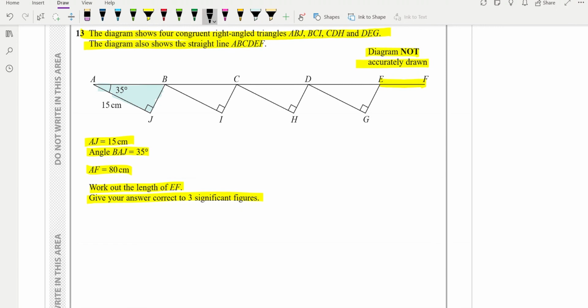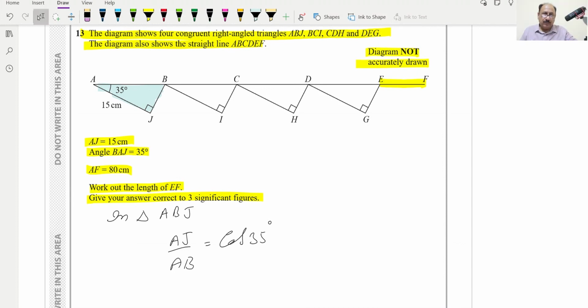In triangle ABJ, AJ over AB is equal to cos of 35 degrees, so this implies AB will be equal to AJ over cos of 35 degrees.